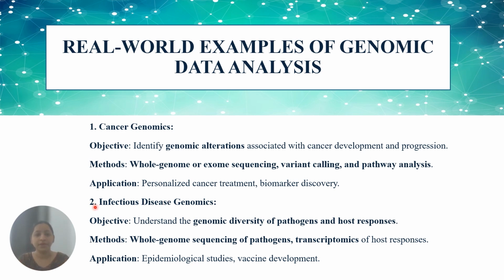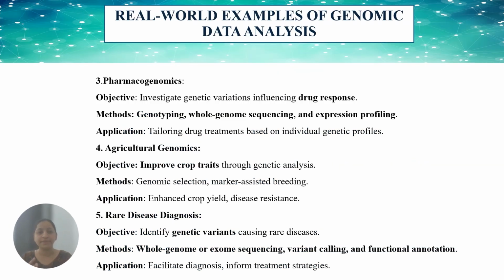Then infectious disease: you can identify the pathogens and the host responses using whole genome sequencing, transcriptomics analysis, and then applications where you can design vaccines, do epigenomic studies, and so on. Got it? Next is pharmacogenomic study. You can study pharmacogenomics to identify drug responses, and the methods you can use are expression profiling, whole genome sequencing, and genotypic analysis, right?